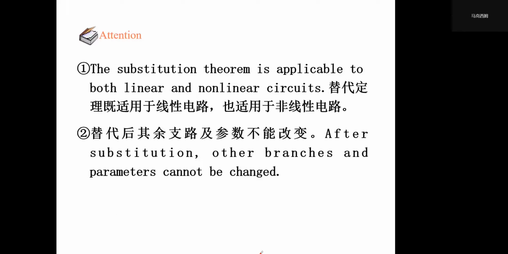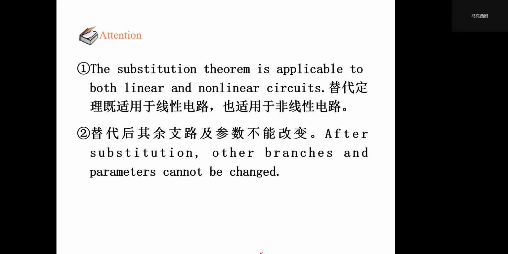If it is a nonlinear system working in a dynamic state, this will not work. So we have to pay attention to the scenarios in which we could apply this, and the scenarios in which we could not apply it.